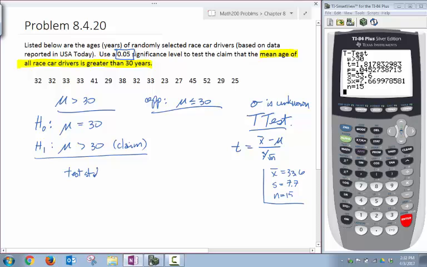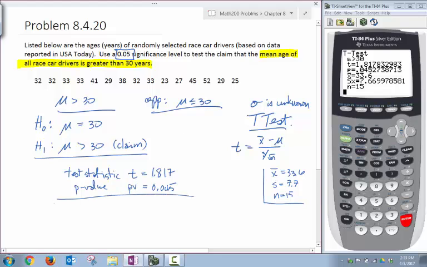But more importantly what we want are the test statistics. Our test statistic is a t-test statistic, and that has a value of 1.817, and our p-value, we'll call it PV, is 0.045. Now compare this to alpha.